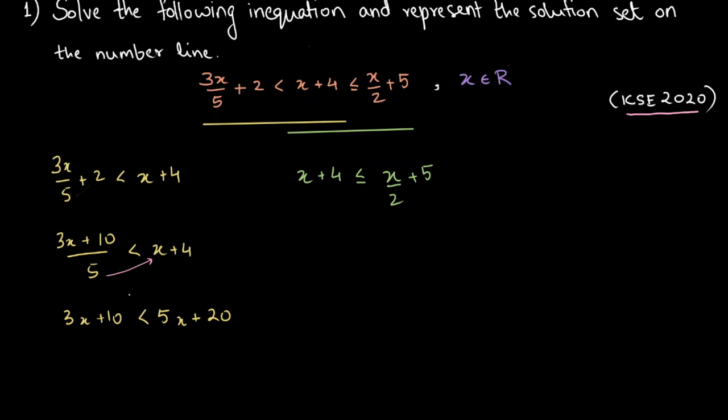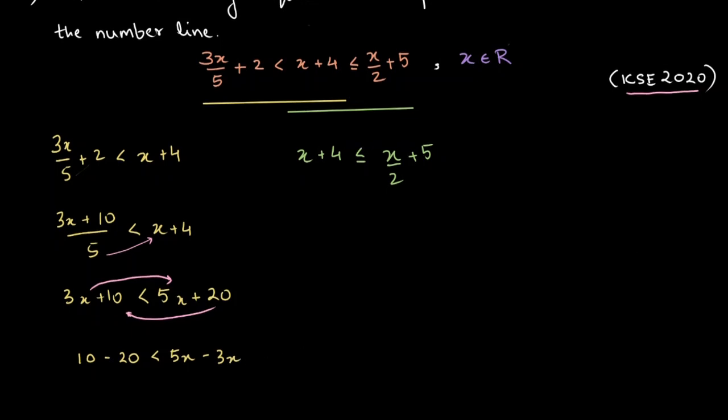Now let's rearrange. Let's take the 3x on the other side and the plus 20 over here. So when I rearrange, I will get 10 minus 20, it's plus 20 here, becomes minus 20 here, and I have 5x, which plus 3x on the other side becomes minus 3x, right?